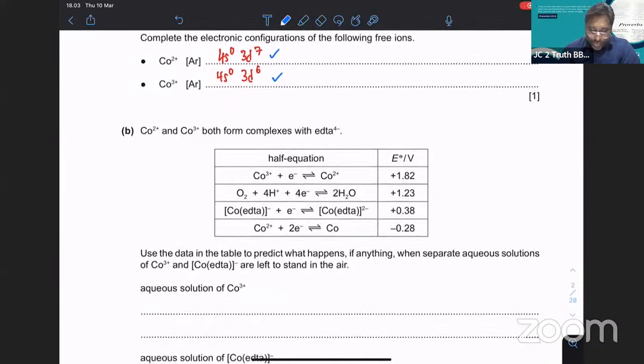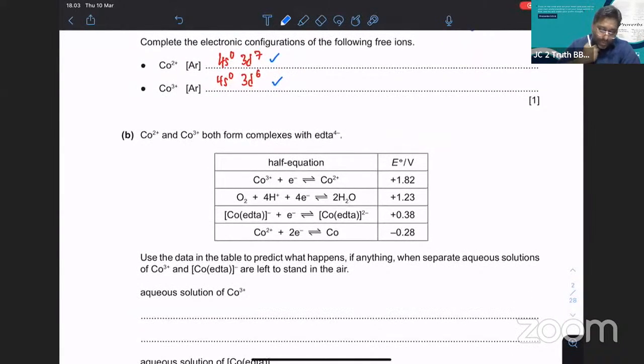So what will happen? Let's say I have an aqueous solution of cobalt 3 plus, left to stand in air. Air maybe contains oxygen, so let me try to use the table. Cobalt 3 plus is 1.82, and you follow it over here.